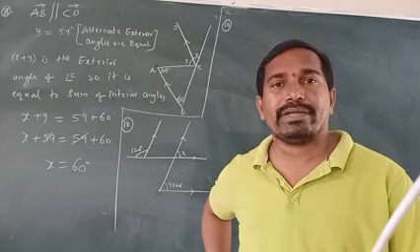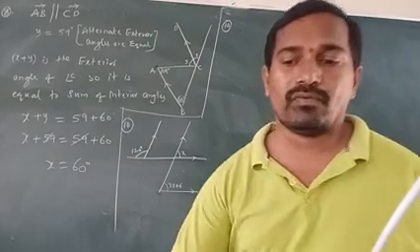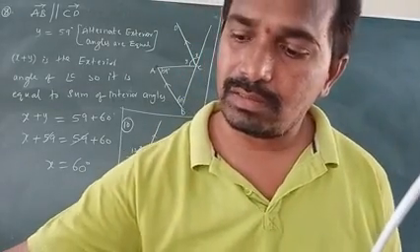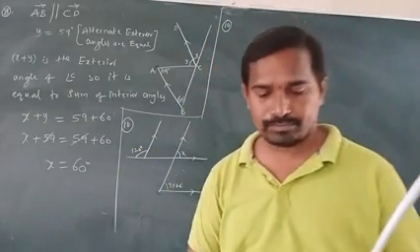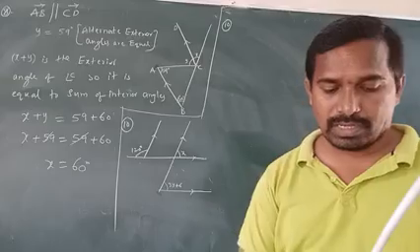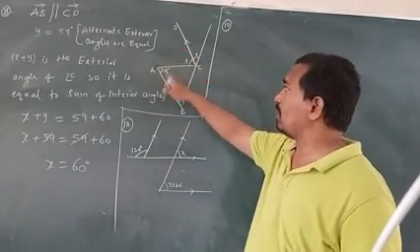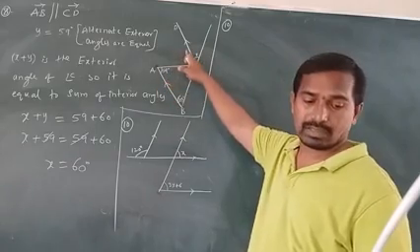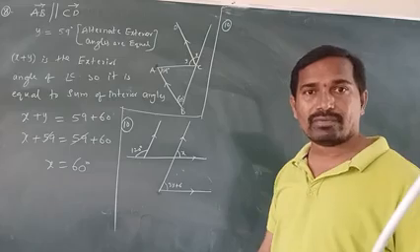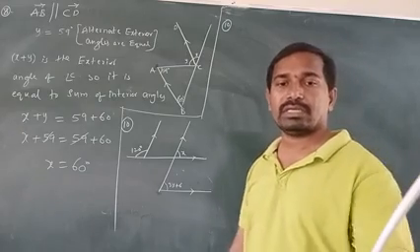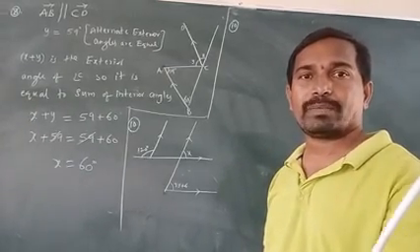We are discussing the Lines and Angles chapter, exercise 4.3. Problem number 8. In the figure, the arrow marks show two parallel lines. Find the values of x and y. These two lines are parallel.